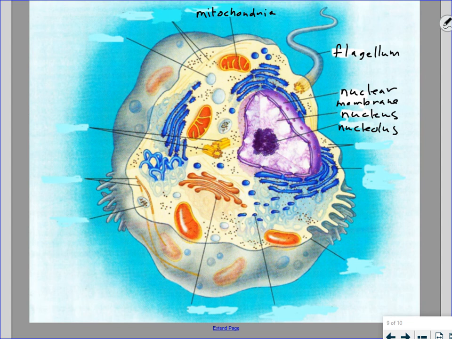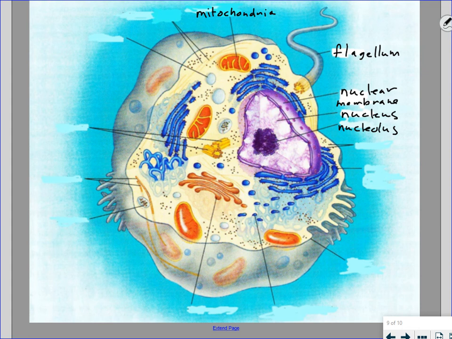So the nucleolus helps to control the synthesis of proteins by copying your DNA. It copies your DNA, sends it out into the cell where things can be made. Now I said the nucleolus can make ribosomes and it copies DNA. These little dots here that are the next thing being labeled, those are ribosomes. They're the smallest of all organelles.